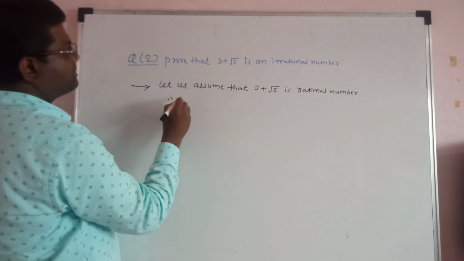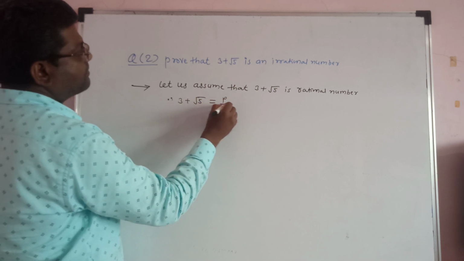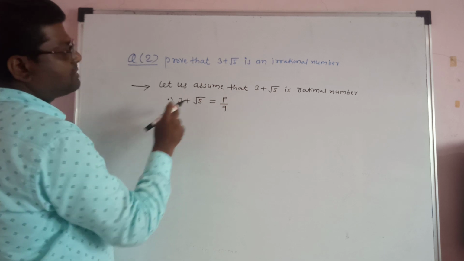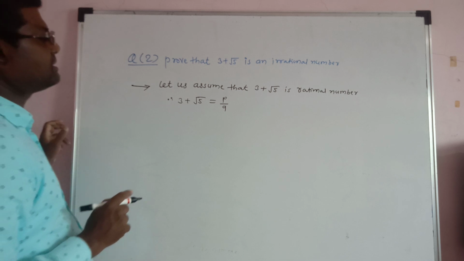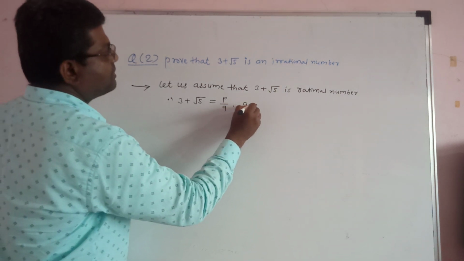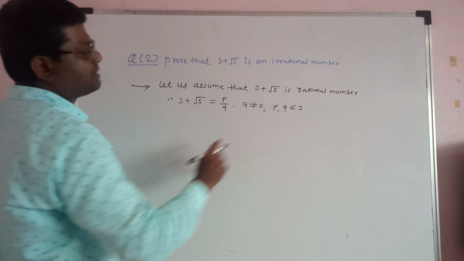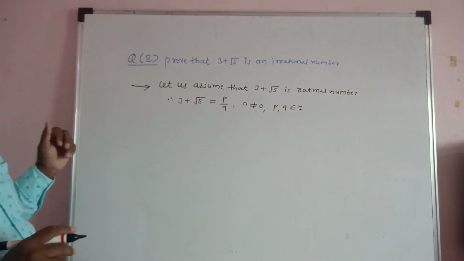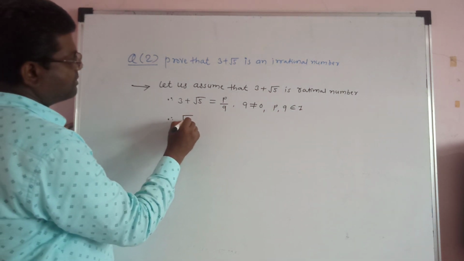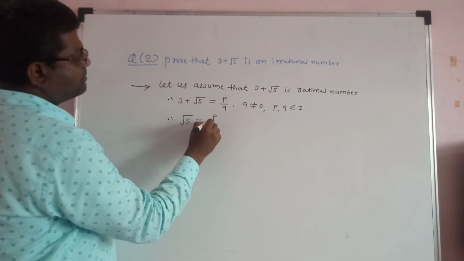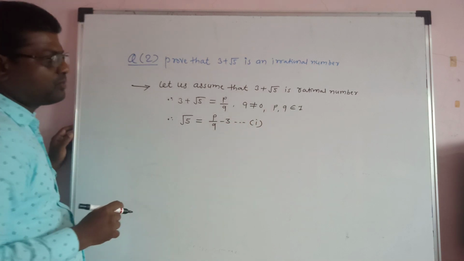Therefore, this 3 plus root 5 can be represented in the form of p upon q, as it is assumed that 3 plus root 5 is a rational number, where q is not equal to 0 and p, q belong to I, that is p, q are integers. From this equation, find the value of root 5. Root 5 is equal to p upon q minus 3. This is equation number 1.